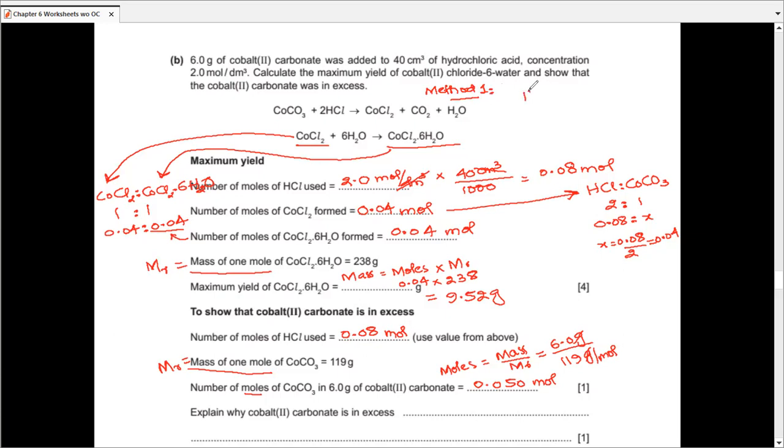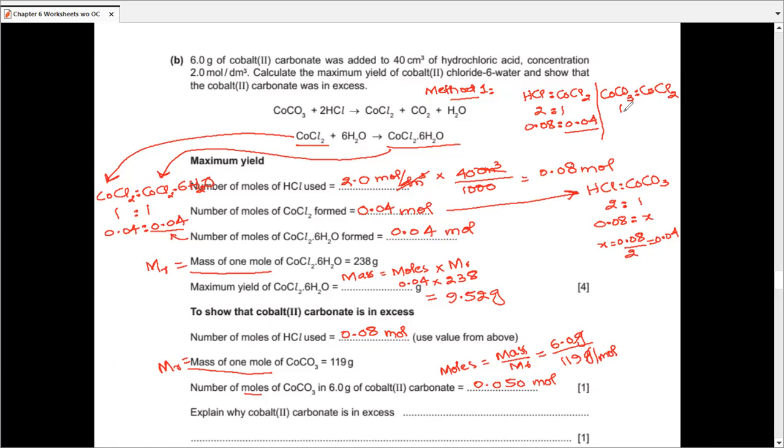so I have to go for HCl ratios CuCl2, and side by side, I have to go with the ratio of COCO3 ratio COCl2. Now this is 2:1, so that's why 0.08 gives me the answer of 0.04. And I've already calculated it previously in the second step of my question, so I'm not going to do it again.